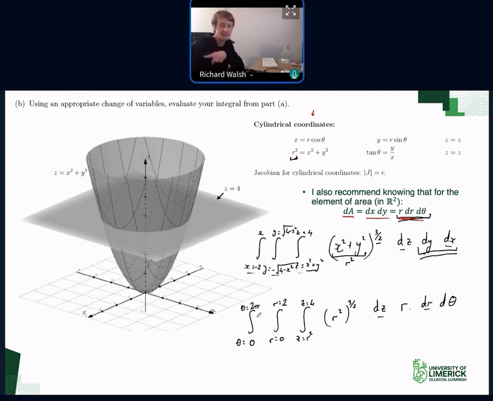And I'll take down that, and I'll just simplify this a bit, because I have r squared to the 3 over 2, and I have another r thrown in, so I need to combine those so that I just have dz, dr, and d theta together. So theta was between 0 and 2 pi. That's circular nature. R was 0 to 2.